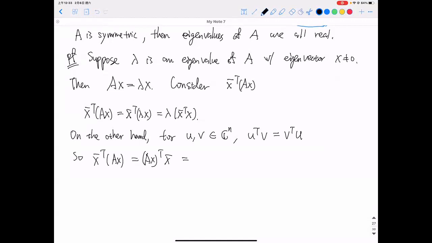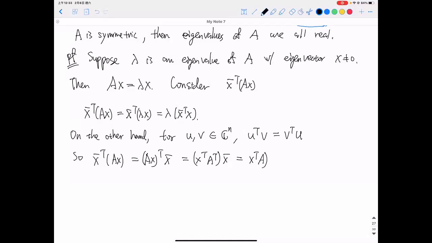And this can now be processed slightly differently. The transpose of Ax is x transpose A transpose. Now you have an x bar here. Now A transpose is A, right?